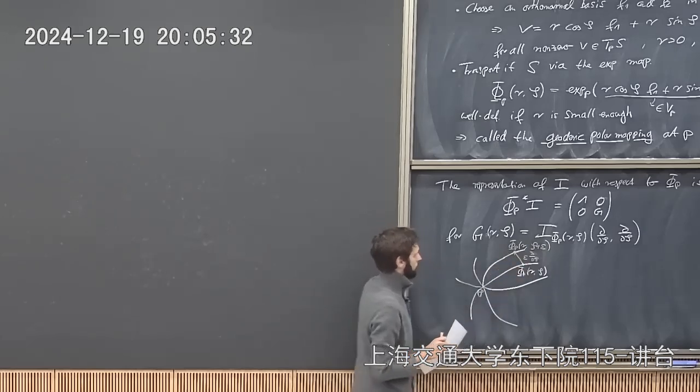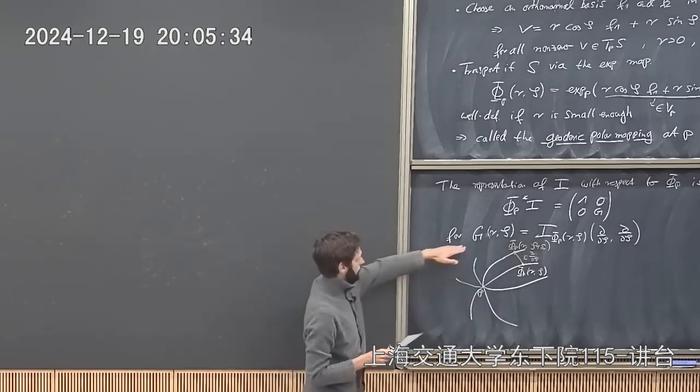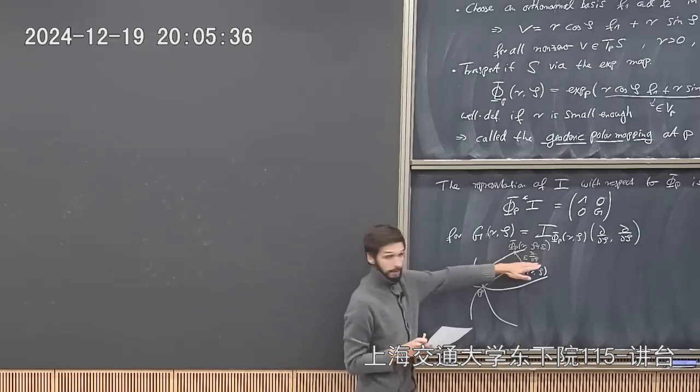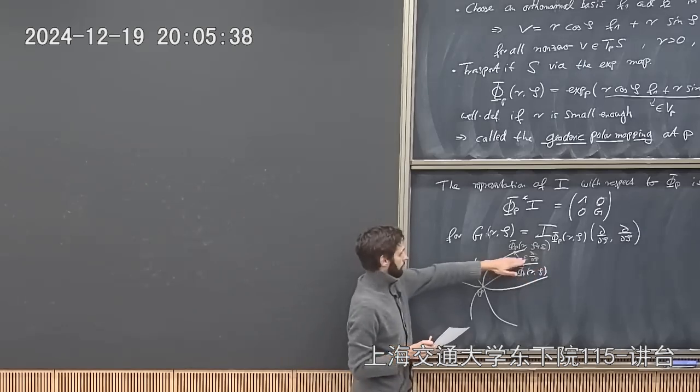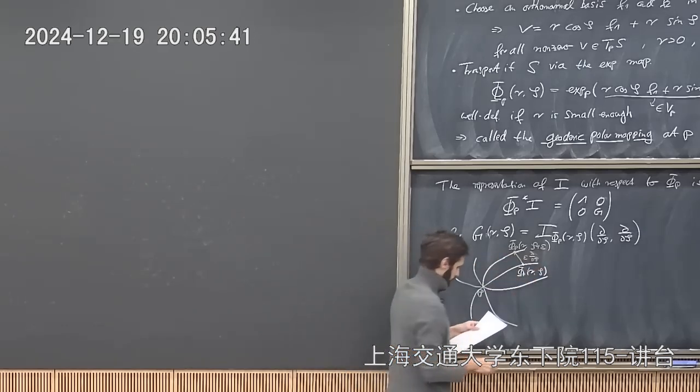It's like the change of the polar coordinates if I change the point slightly. So that would be about this vector, and g is like the length of this vector appropriately scaled.